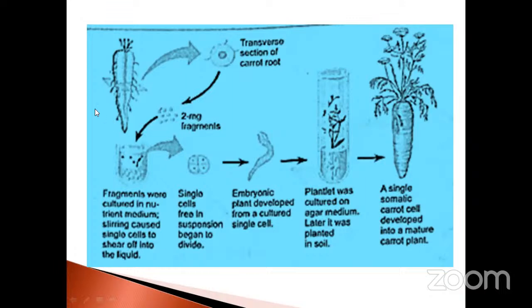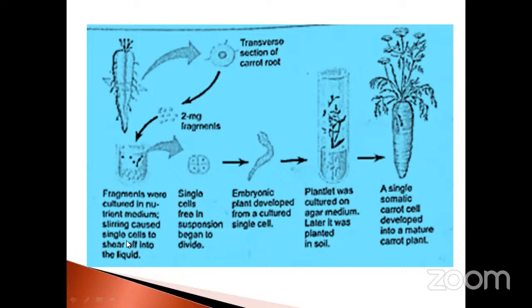Here a carrot has been taken. After that, you have to make a cut in cross section, transverse sections of the carrot root, cut into 2 mg fragments. Simple one. It can be introduced into the culture medium. The fragments were cultured in the nutrient medium.